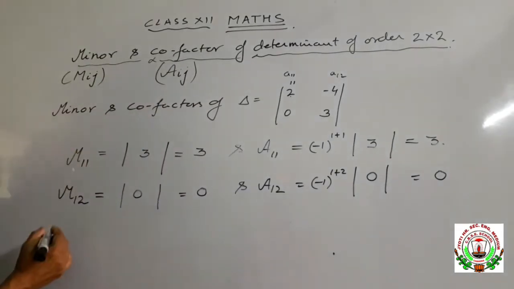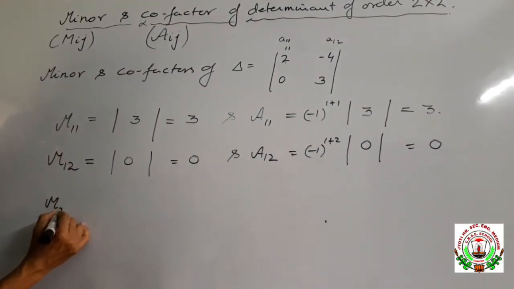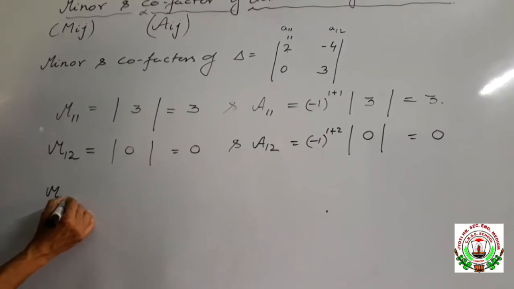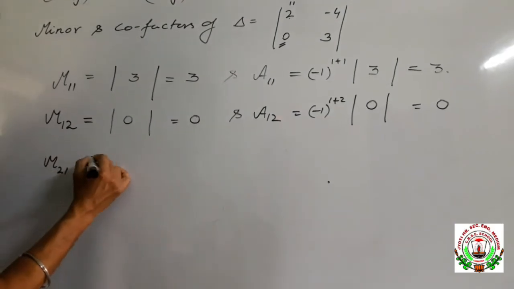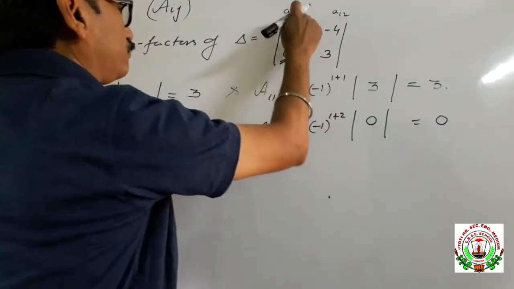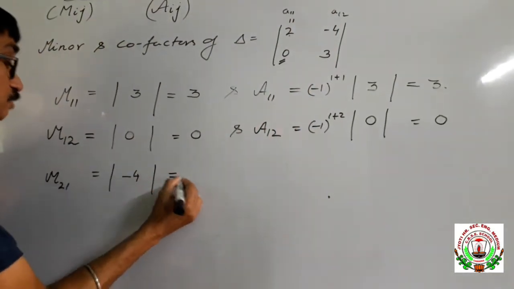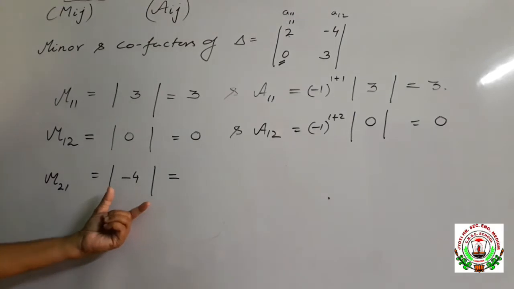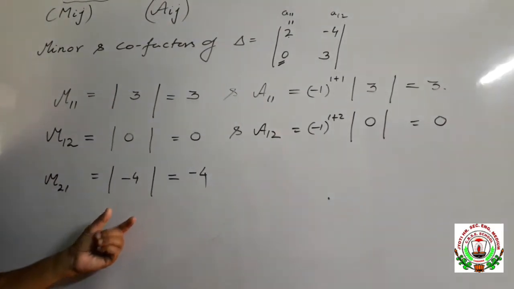Minus 1 to the power 1 plus 2 is minus 1 cubed, that is minus 1, but minus 1 into 0 will be 0. Now we calculate the minor for the second row and first column element. If we delete the second row and the first column, we are left with minus 4. As I told you, it is not a modulus, it is a determinant, so its value will be minus 4 only.